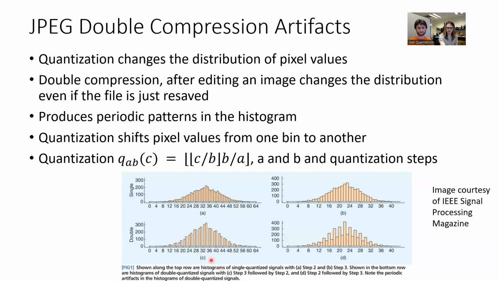And what's really interesting is you can see that some of the pixel values have been shifted from one bin into another. In this first example, you actually have a significant transformation where some of the pixel values are just completely lost. They've been completely moved to another one. And then in this other image, some portion of them have migrated to a different band.